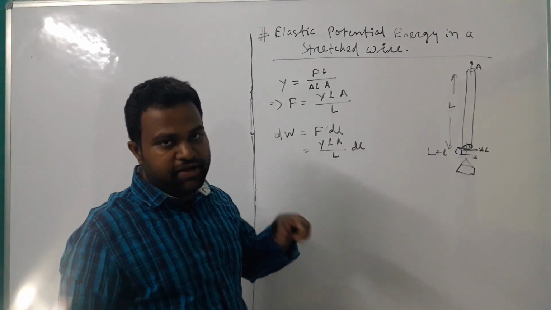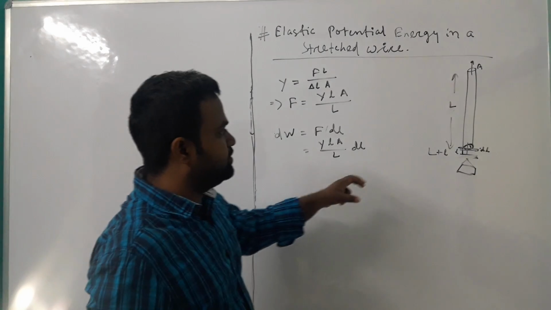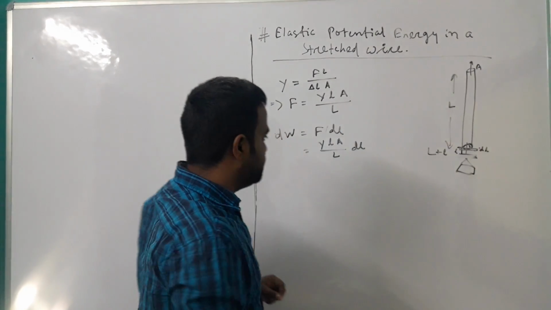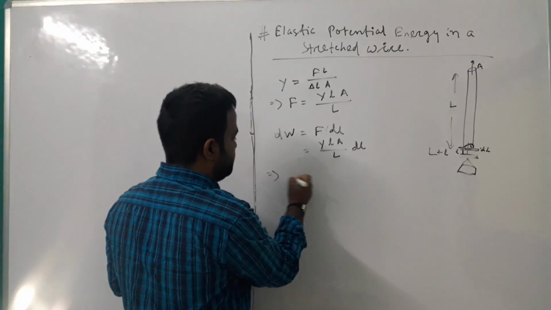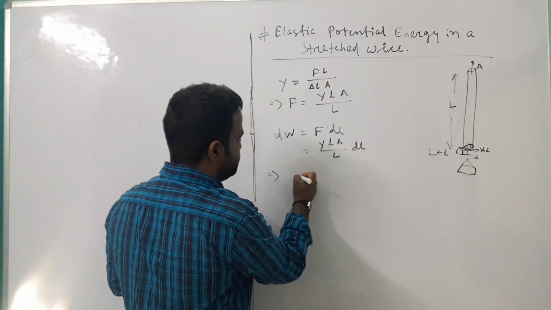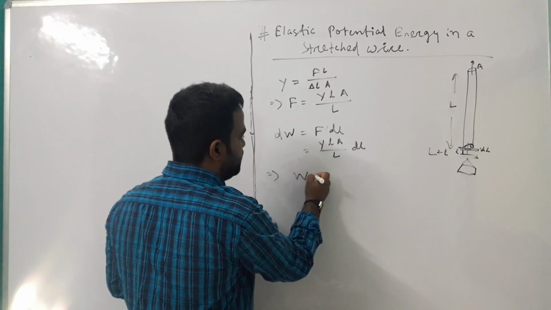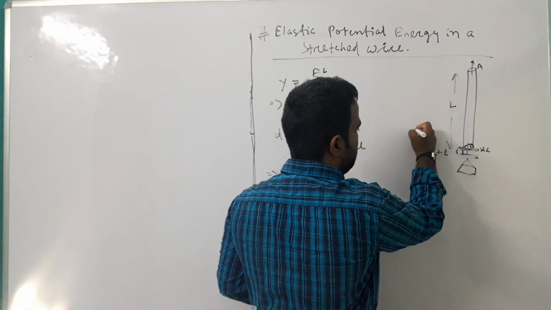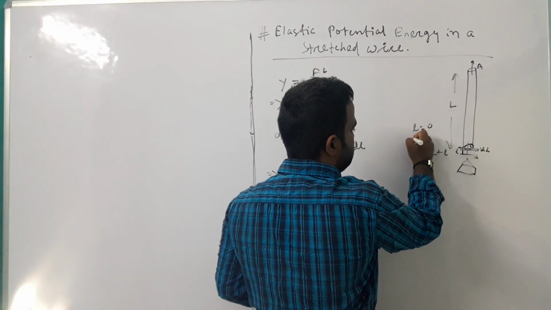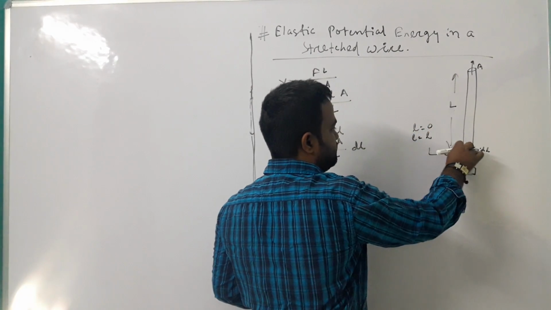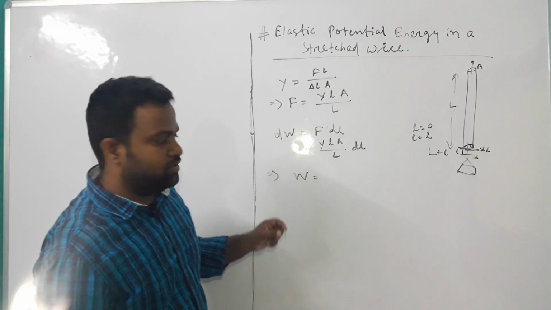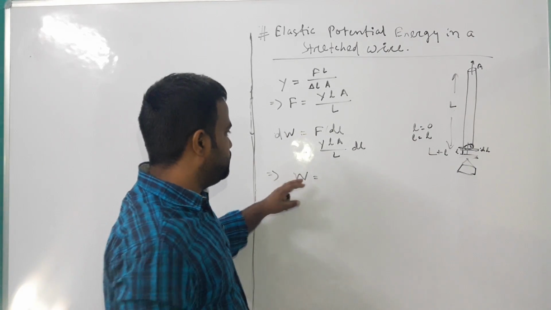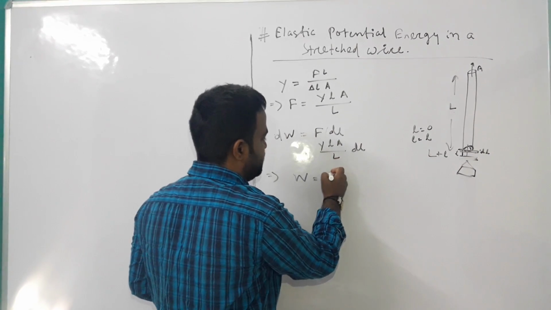If I integrate it, I will get the whole work done. So the integration of dW is W, and the integration limit for small l is from 0 to l, that is, this much increment.